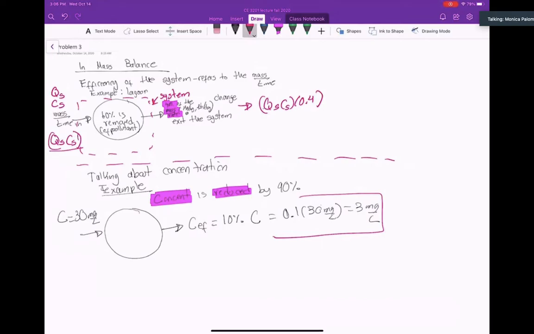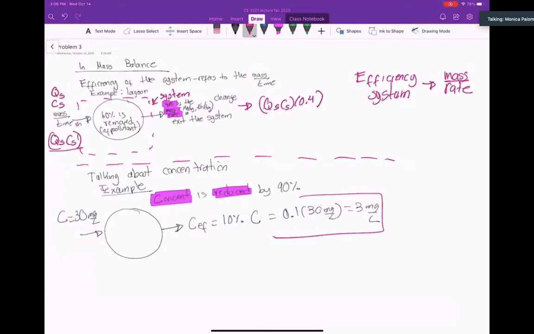So always read the statement. If it is regarding efficiency, the keyword of system, then it's going to be mass rate. And if it is just concentration reduced or increased, then it's going to be a percent of the concentration.